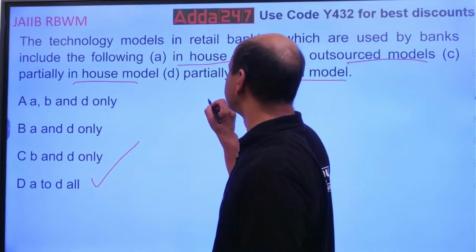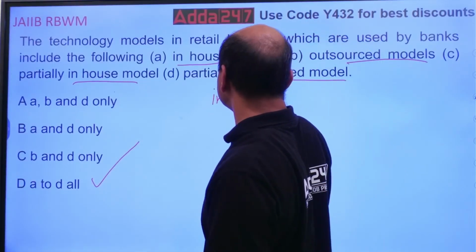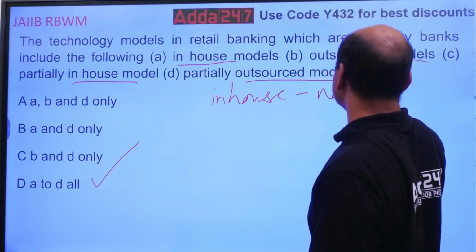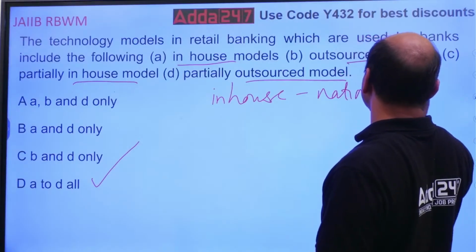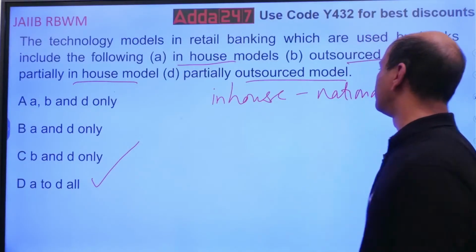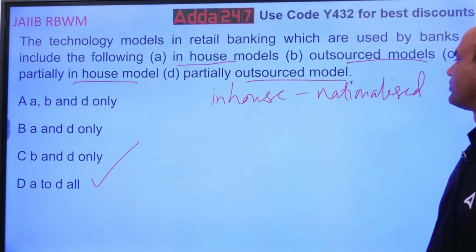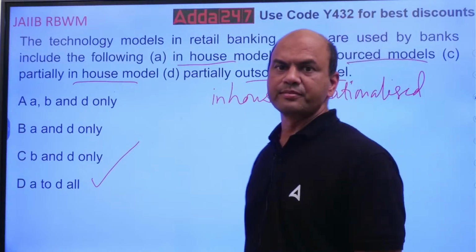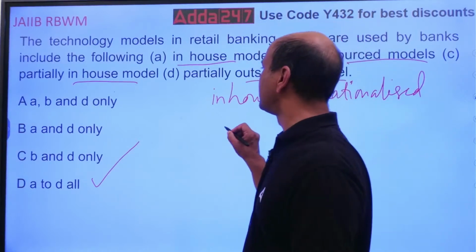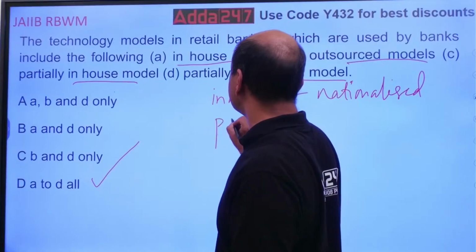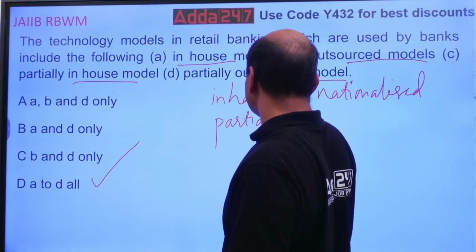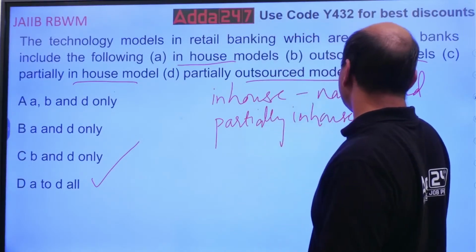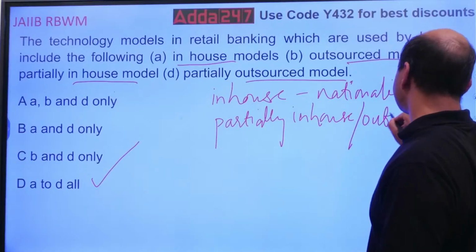Generally, I'll tell you, in-house is generally followed by nationalized banks. As per the books, remember, I am always talking as per the books. Practically, I know many different things are happening now in banking. Partially in-house and partially outsourced, both in-house and outsourced, I'll combine them.